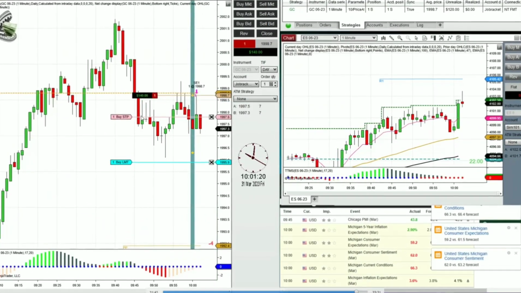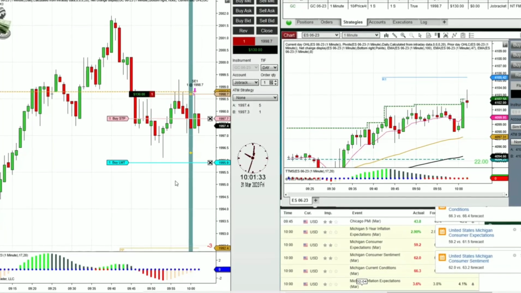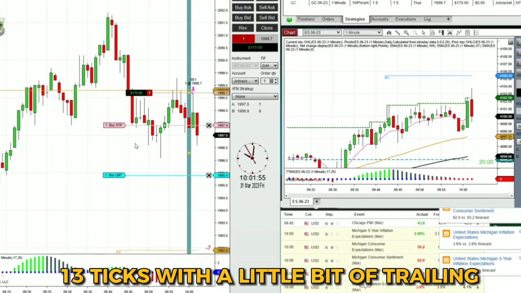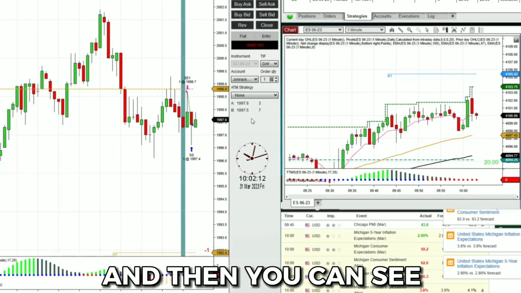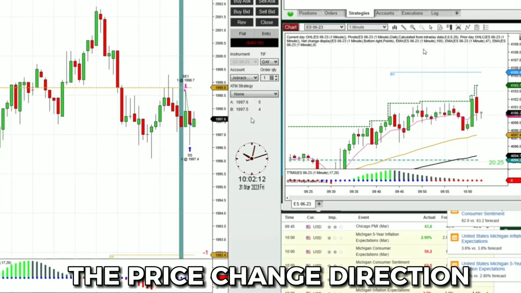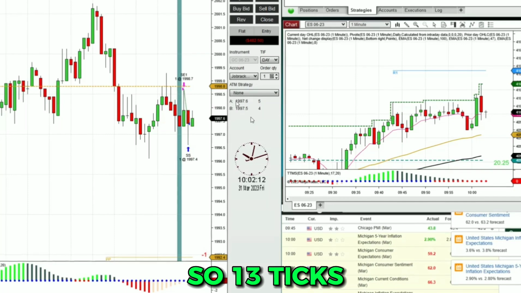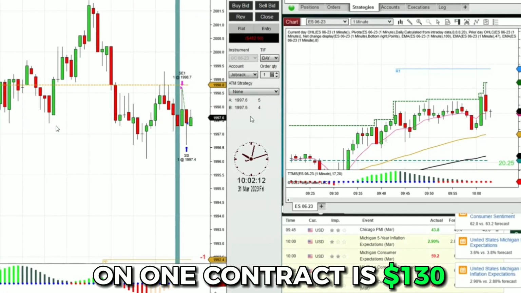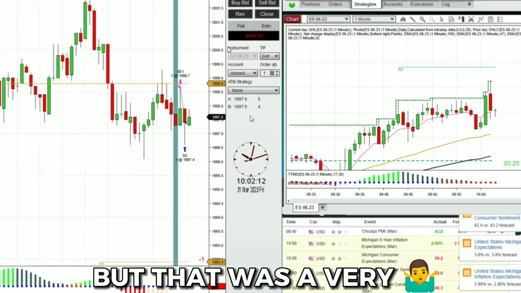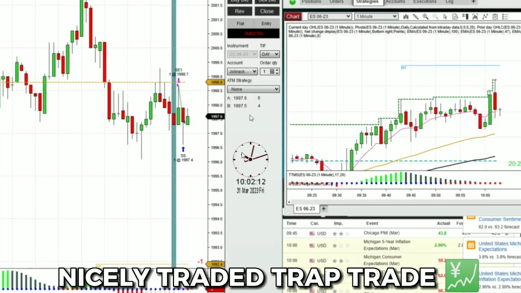I was able to grab 13 ticks with a little bit of trailing, and then you can see the price change direction and it took me out. So 13 ticks on one contract is $130, a very nicely traded trap trade.